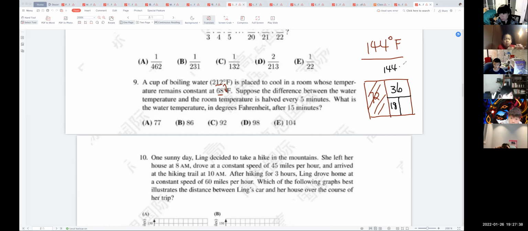So 144 minus 72 minus 36 minus 18, what is left? 18 degrees. So that is the difference after 15 minutes between the water and the room temperature.